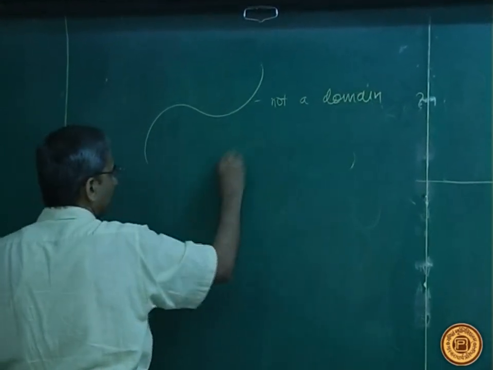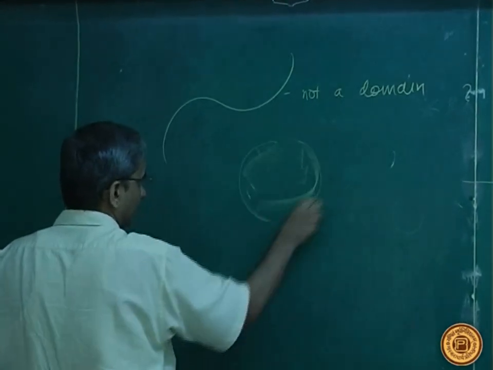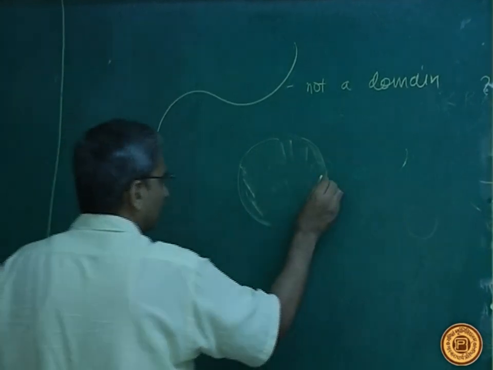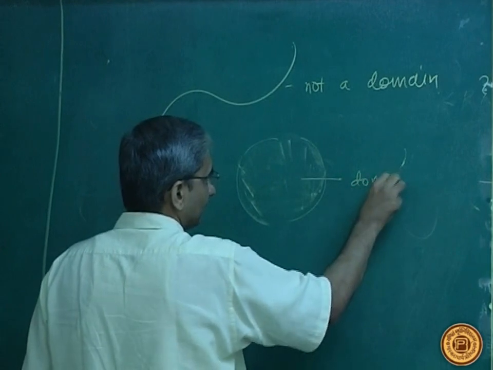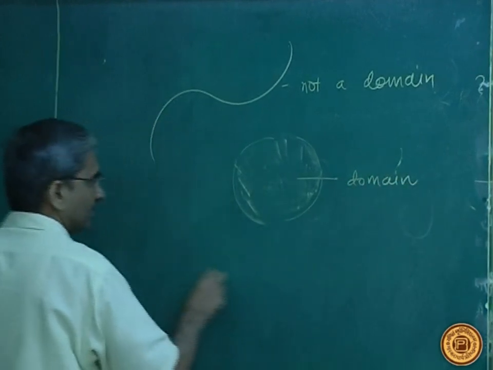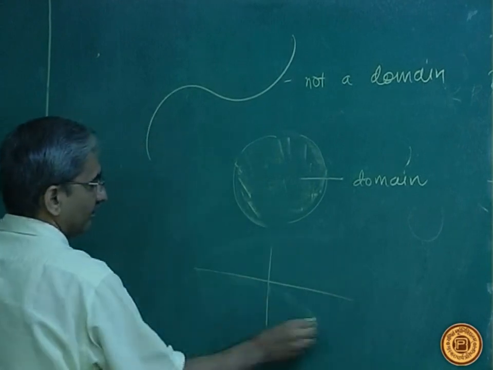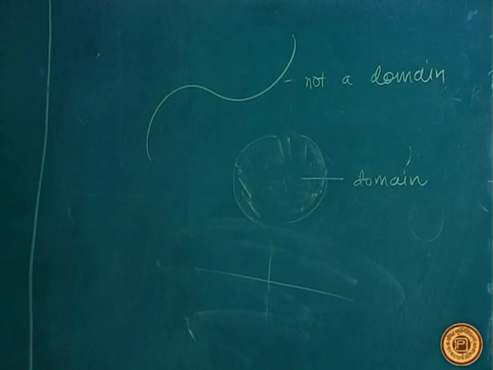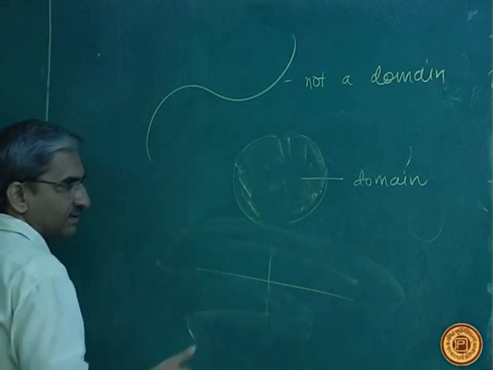Whereas if you take a disk, then the open unit disk, this is a domain. Open unit disk or the whole of the complex plane, these are domains. In some sense, these are two typical types of domains.